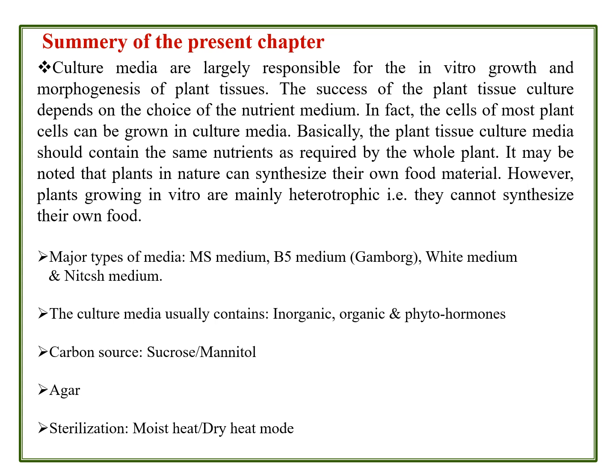The major types of media available in plant tissue culture are MS medium, that is Murashige and Skoog medium; B5 medium, which was formulated by Gamborg; and White medium, also Nitsch medium. Among these, MS medium is a generalized medium for all plant species and can establish the plant species.